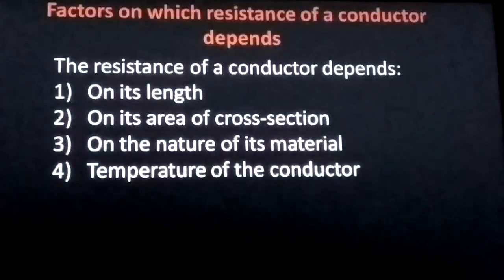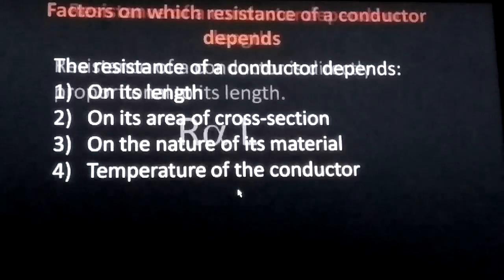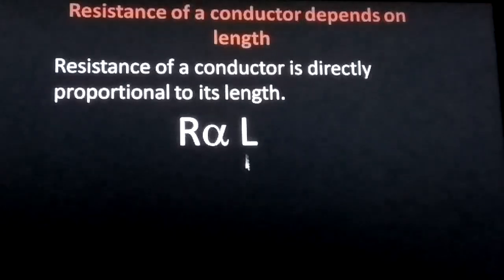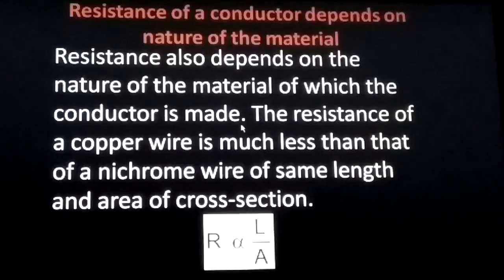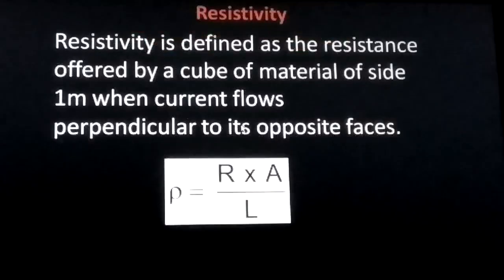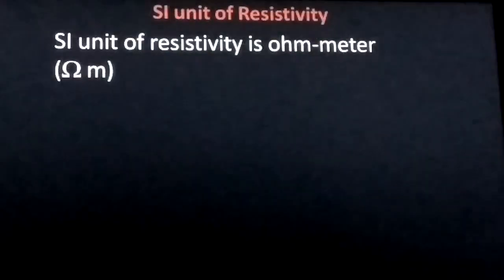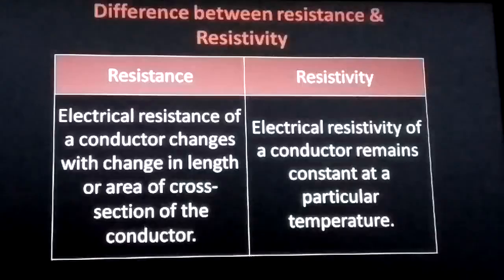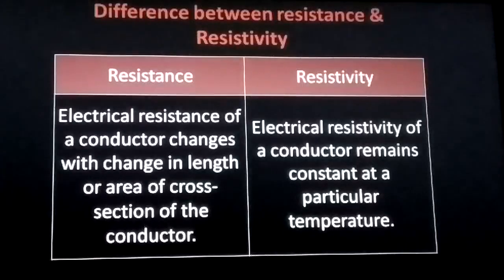The resistance of the conductor depends upon length, area, nature of the material, and temperature of the conductor, and its relationship. And then the resistivity, the definition of resistivity, its SI unit, and the difference between the resistance and the resistivity.